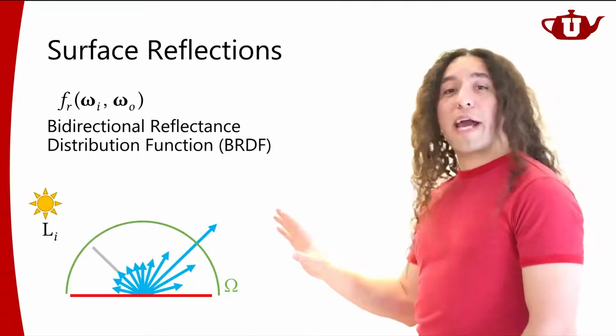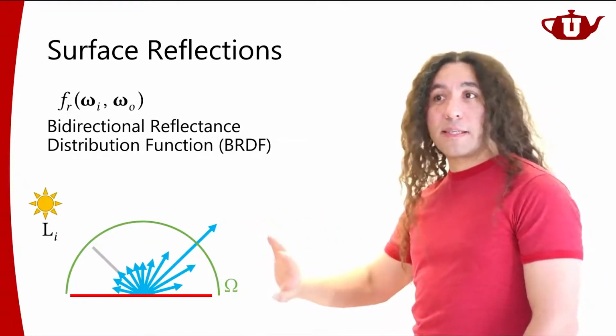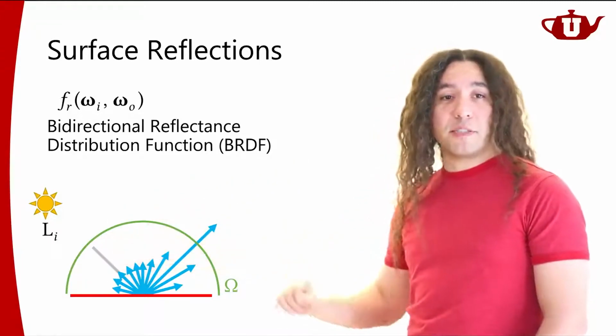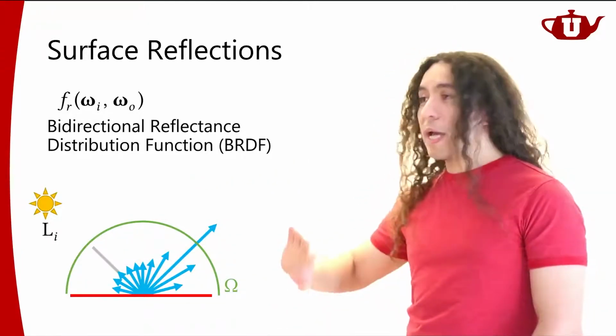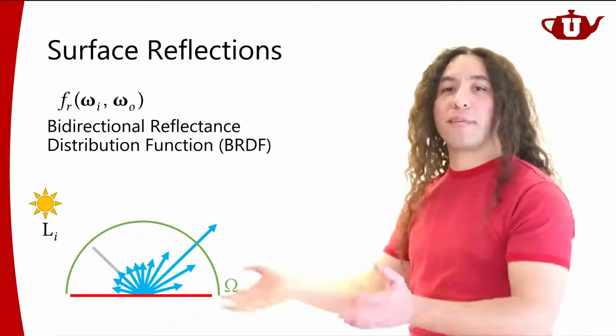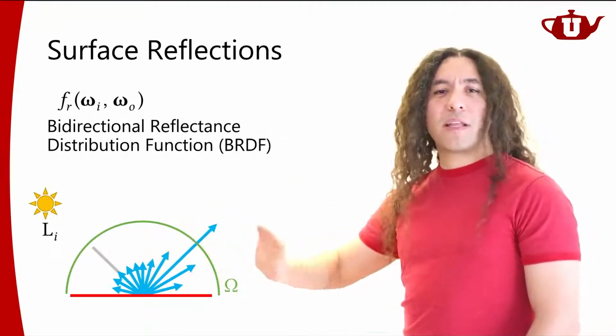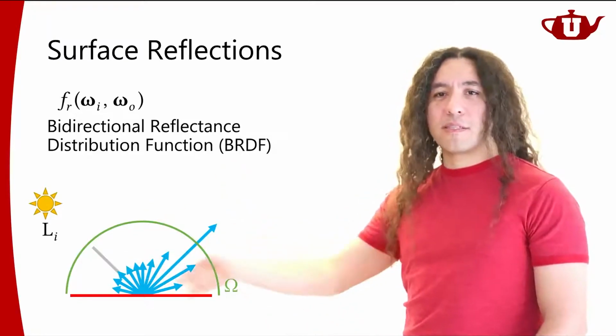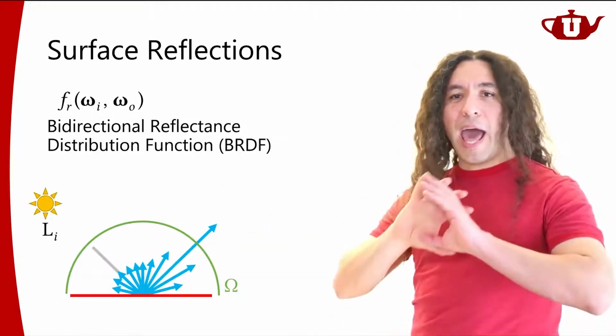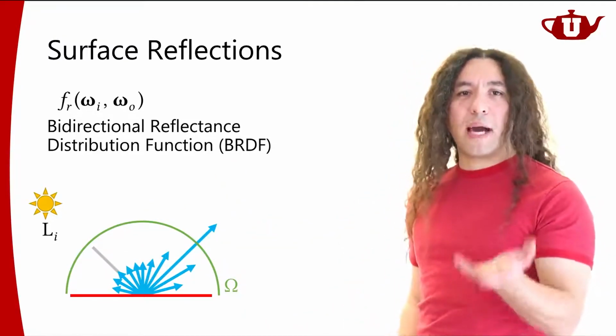So if I look at all light scattering in all directions over this hemisphere, if I just add all of that light, all of the continuous, infinitely many directions over this hemisphere, well, what do I mean? I mean an integral, right?